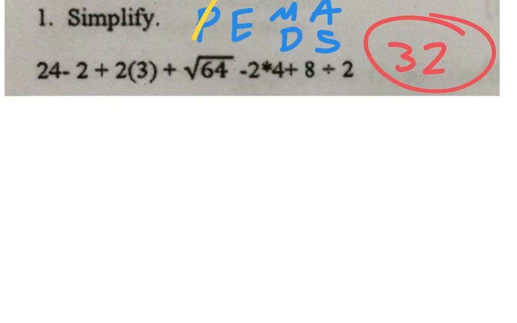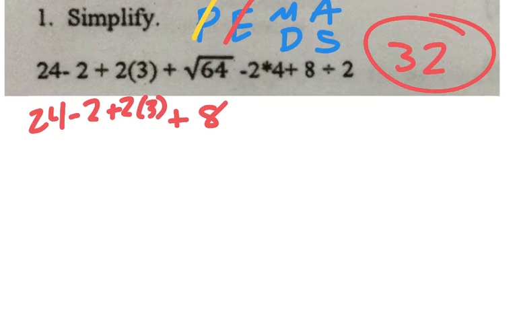You guys remember writing square roots as exponents? You should have done that in 8th grade. So the square root of 64 is 64 to the 1/2. So that is an exponent. What is the square root of 64? 8. Do I have any more exponents? No, so I'm going to bring everything else down. I'm going to write this over here.